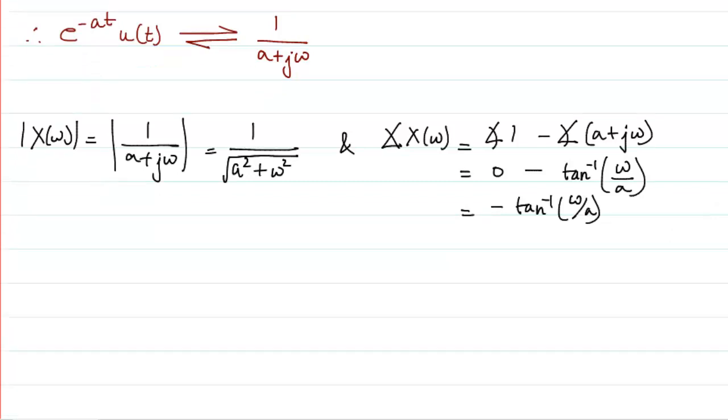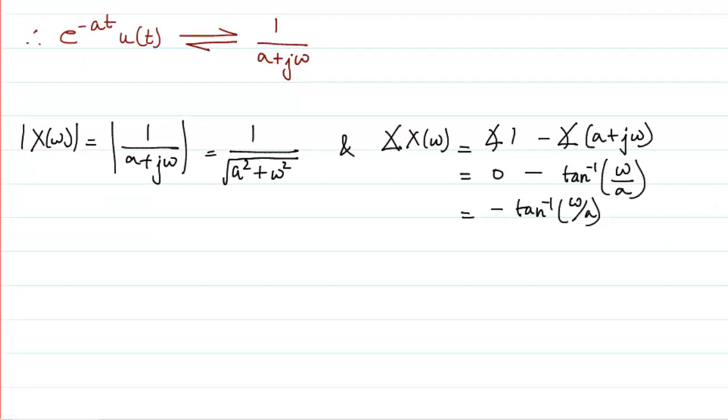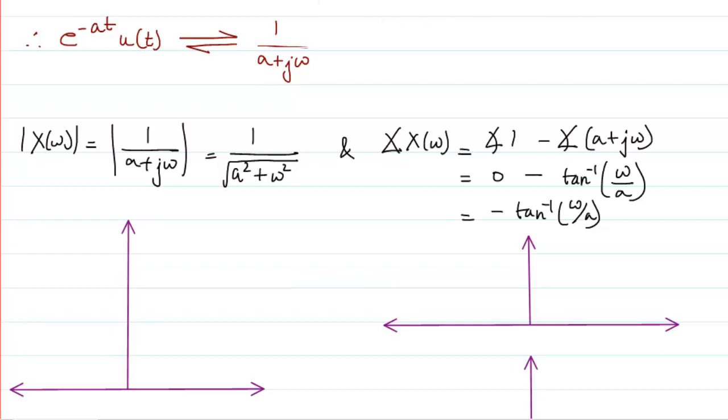If I am trying to plot this, first I will draw the axis. So in the time axis, e raised to power minus a t u of t. So this is the time axis. If I have to draw that, then obviously up to 0 its value will be 0.